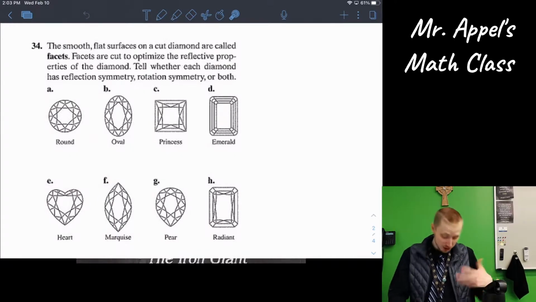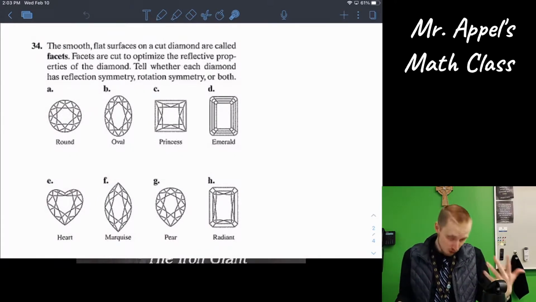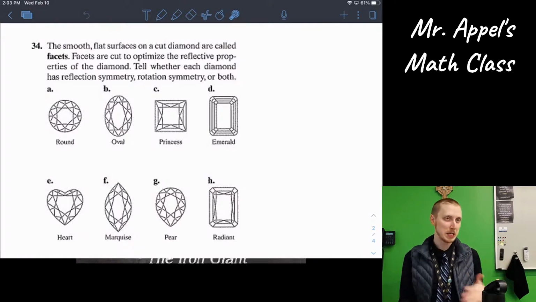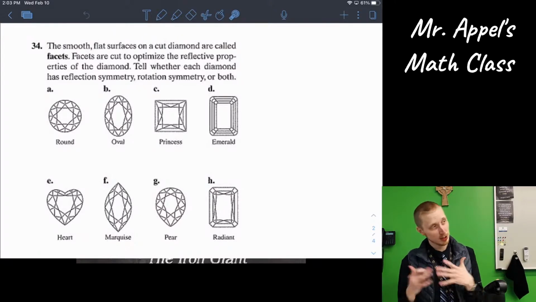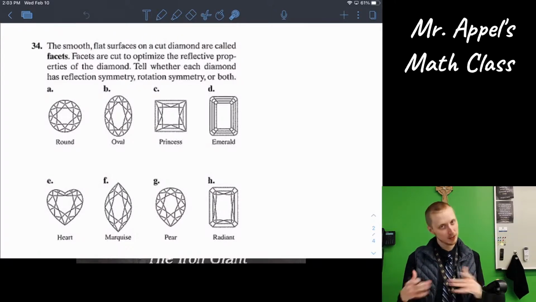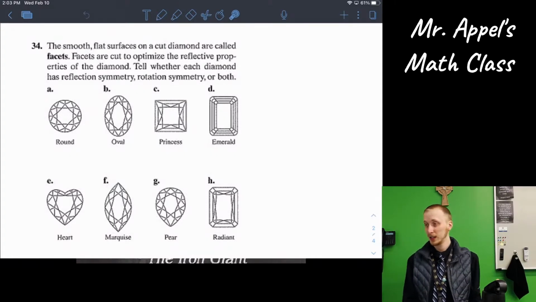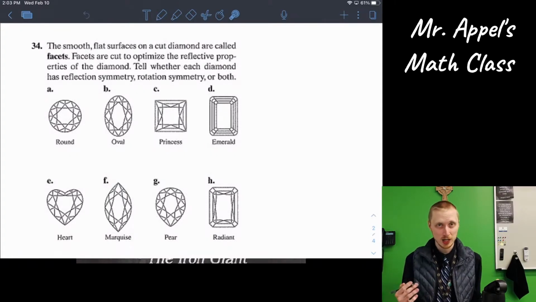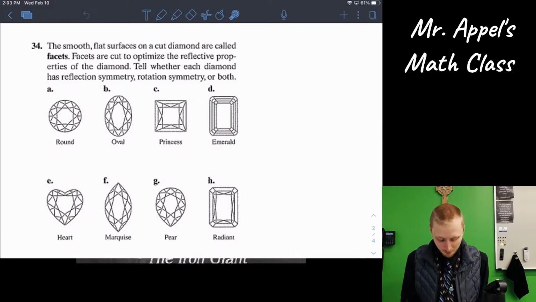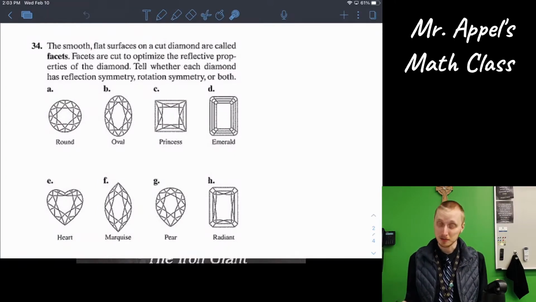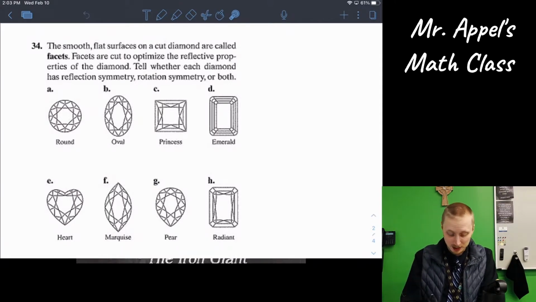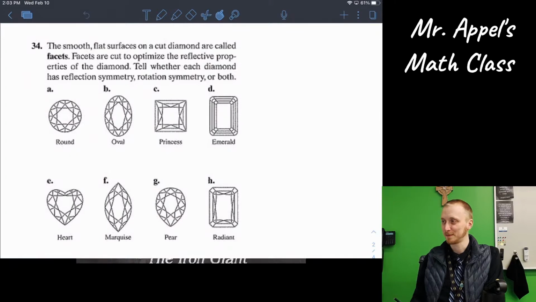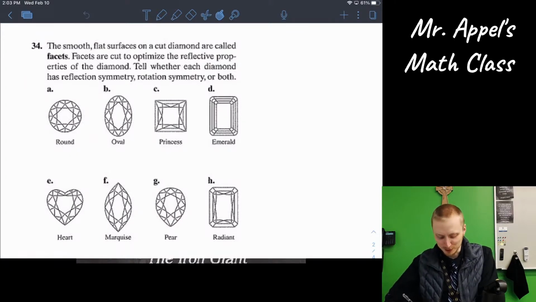Girls, you've got to know so you know what you like, so you can direct and hint at it, wink wink, and drop those subtle nudges of what he should be getting you, and also so you know if he's trying to cheap out on you. Yeah, right? Anyways, some life knowledge there. Know your gemstones.